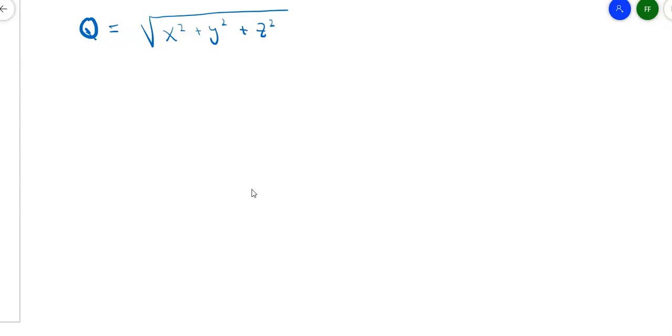And so the first thing says, take the partial derivative of q with respect to x. Now, these things are all going to start the same way, in that q is really x squared plus y squared plus z squared to the 1/2.